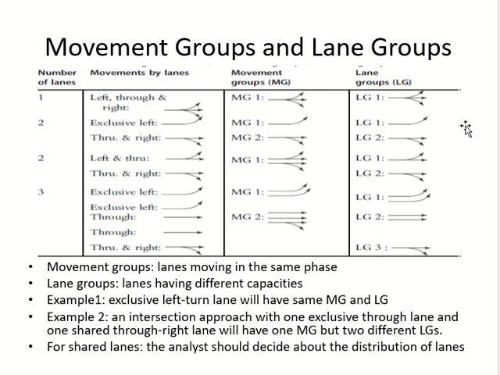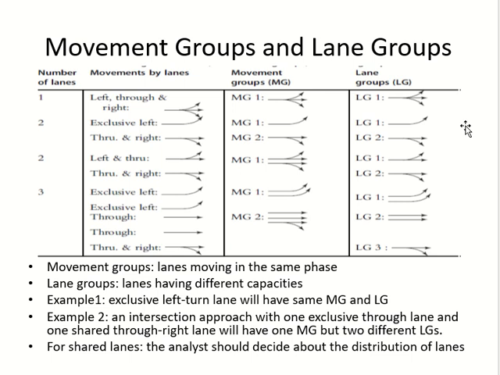Okay. Now look at this one. How many lanes do we have first of all? 2. Okay. So why are we not making it 2 groups? What's the reason? You have to open them at the same time. Why? Because both of them have the same movement. So you cannot open this lane which is going straight in one phase and stop these guys.